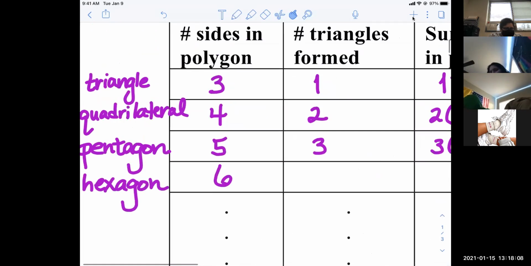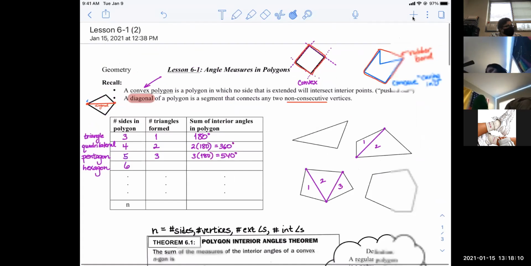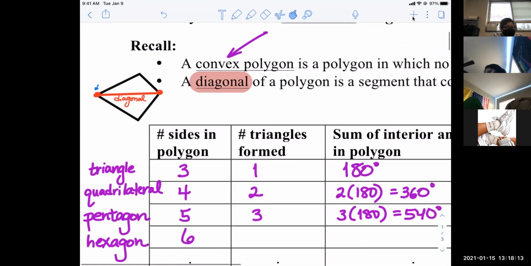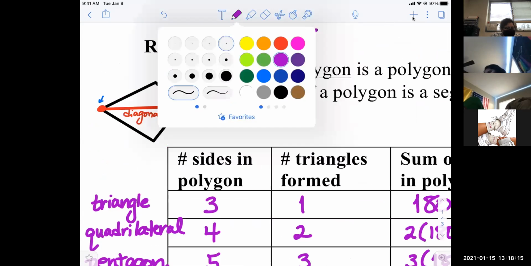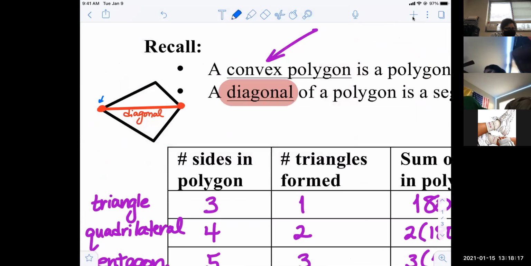Remember when I said if I wanted to draw it from the other vertex? The definition of a diagonal is pick a vertex and connect to a non-consecutive vertex. So up here, that would also be a diagonal, okay? But then I said get rid of it because I'm just trying to show you the definition of a diagonal.